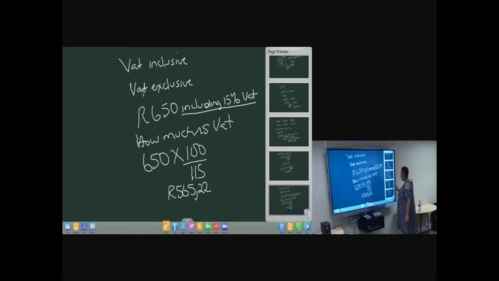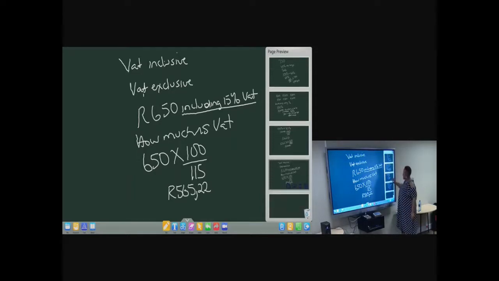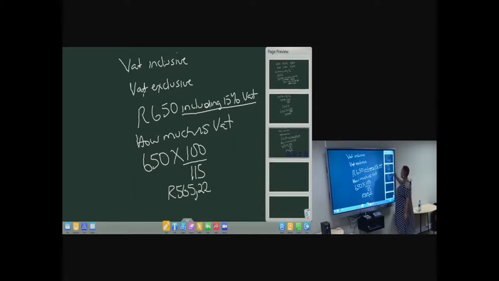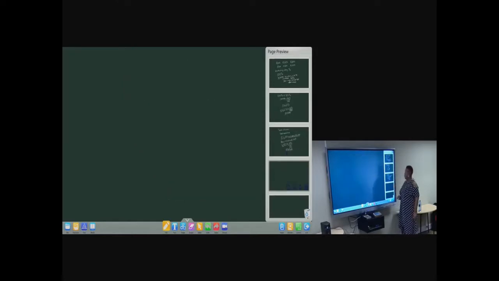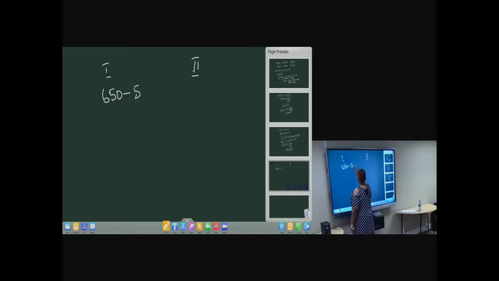But the question was asking how much is the VAT. There are two methods you can use. In method 1, you can say your VAT will be 650 minus 565,22.